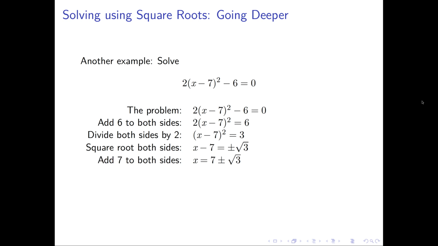Add 7 to each side, and we find that the two solutions are 7 plus or minus the square root of 3. You can write it like that, and if you decide to use a calculator to estimate them, we find that 7 plus the square root of 3 is about 8.73, and 7 minus the square root of 3 is about 5.27.